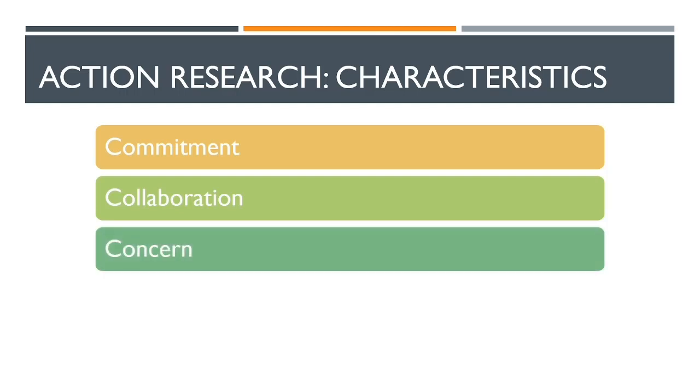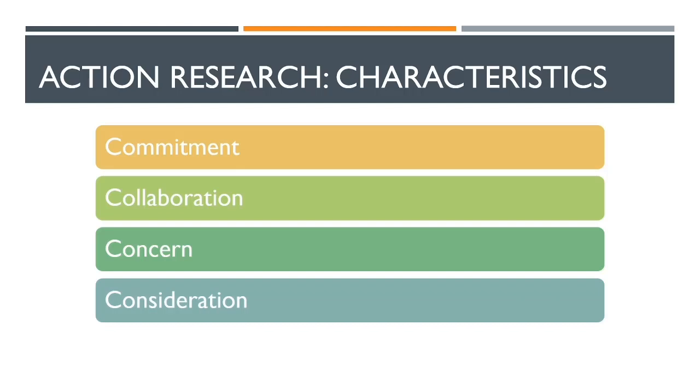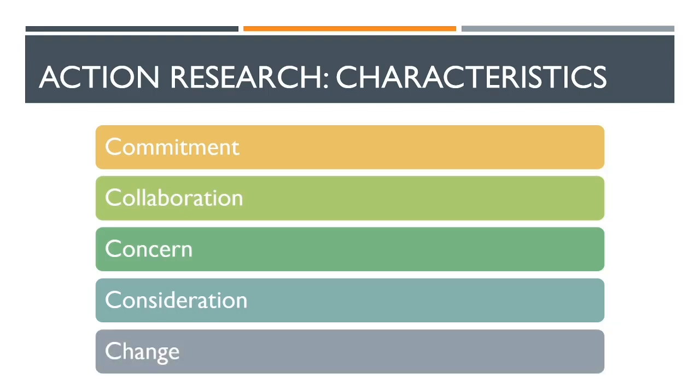The next is concern. Researcher must take good concern of the research environment. The next one is consideration. Researcher should consider and follow the scientific process of the research. And the last one is change. There will be change after the process.